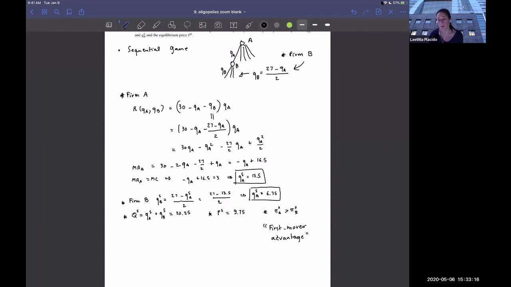Moving first doesn't always give you a first mover advantage. Sometimes firms who move first are going to get a lower profit than the firm moving second, okay? But when we talk about a Cournot setting, it will always be the case that the leader of Stackelberg is going to get a higher profit.